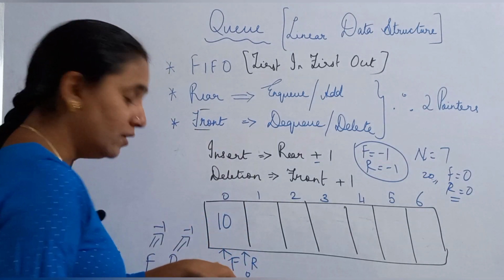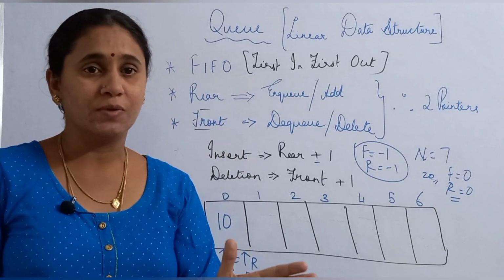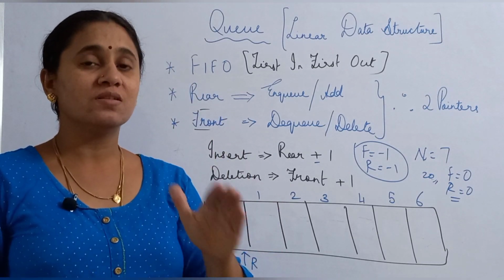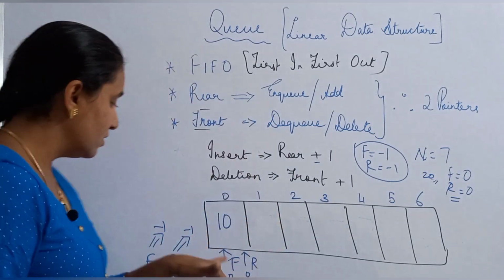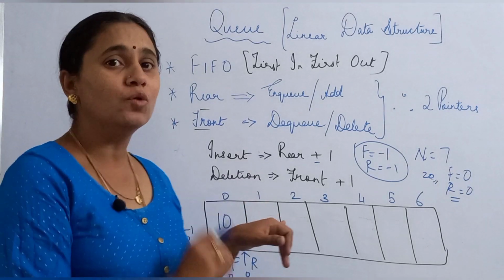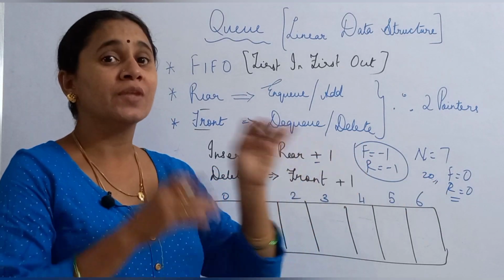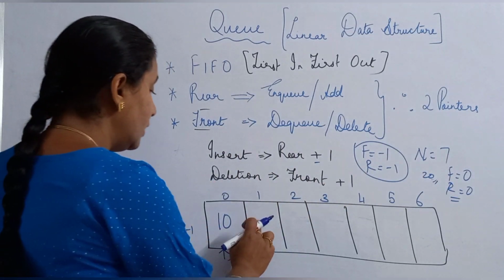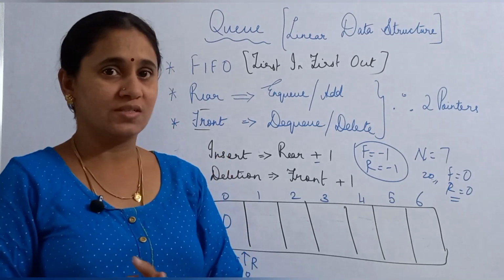Okay, so front, as I told, is always going to point only to the first element, because the first person must leave the counter, isn't it? So at present, the first element is always 10 only. Okay, so now as element 20 is arriving, 20 is going to be the second element and 10 is the first element, isn't it?